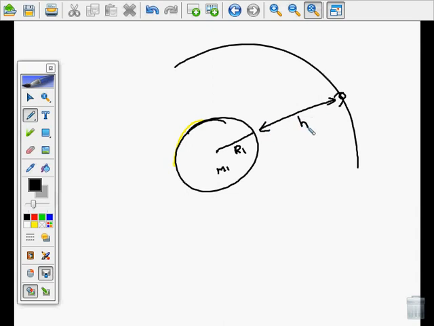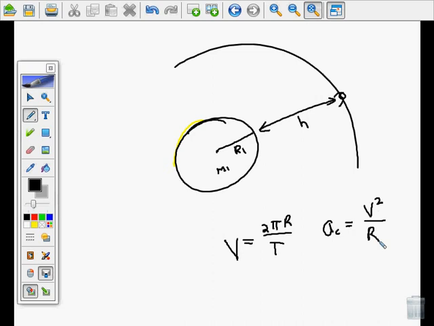Well, in that formula, v equals 2 pi r over t, and in that formula, a sub c equals v squared over r.